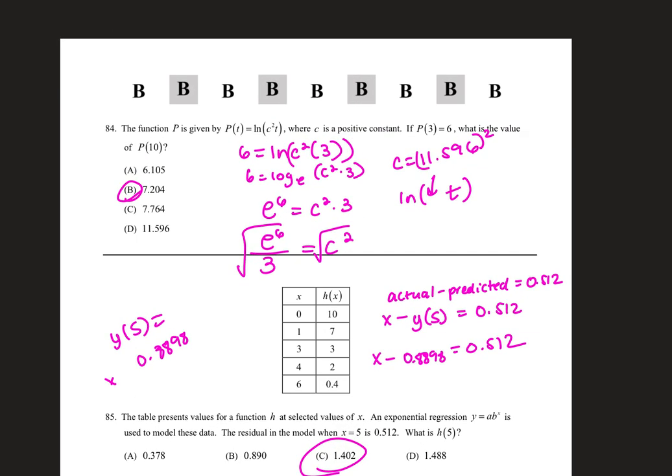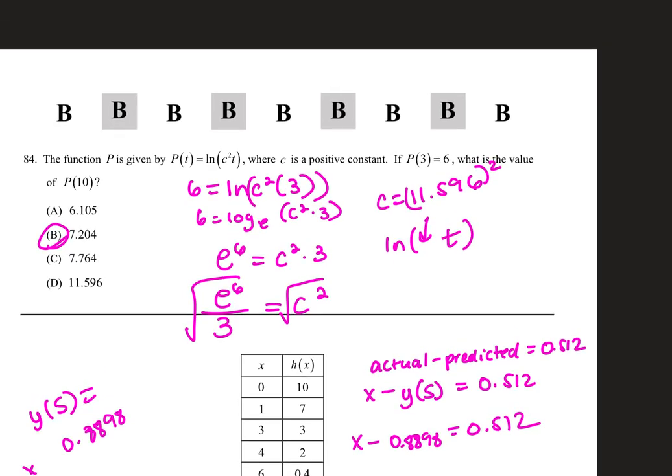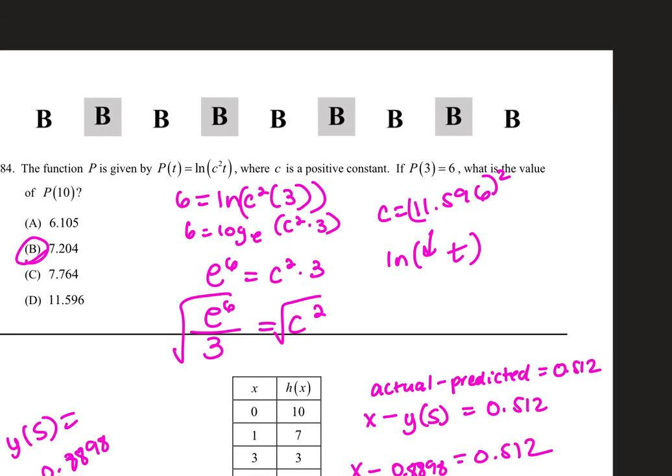Okay, 84 is like one of what we've done, now you've seen this like 4 times, where they give you 2 unknowns, right? So you don't know what C is, but you know that this would be your T and this would be your P of T. So I plugged in 6, I plugged in 3. ln is the same thing as log base E if you want to convert it into exponential.